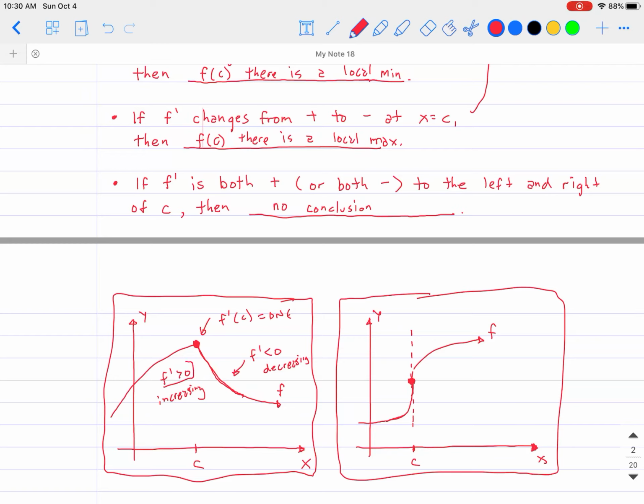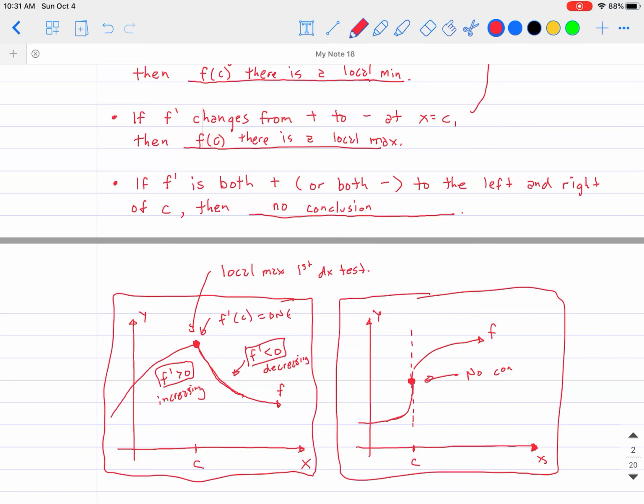So this example is representing a local maximum because you're going from f prime greater than 0 to f prime less than 0. And in between, you have a critical point, meaning that f prime of c does not exist. So by the first derivative test, you have a local max.